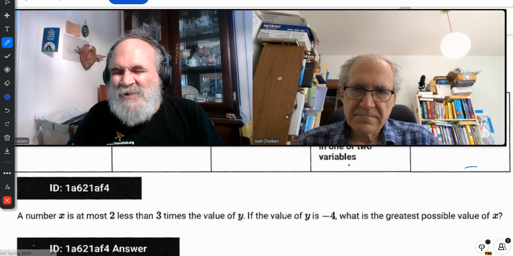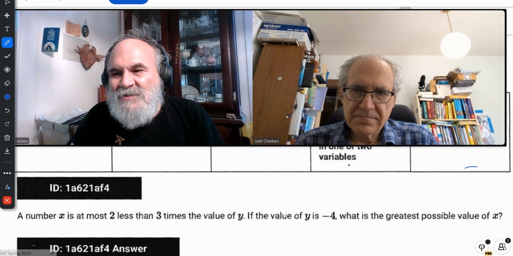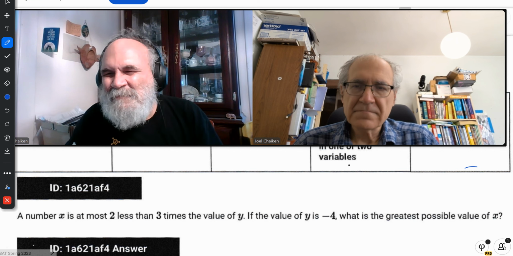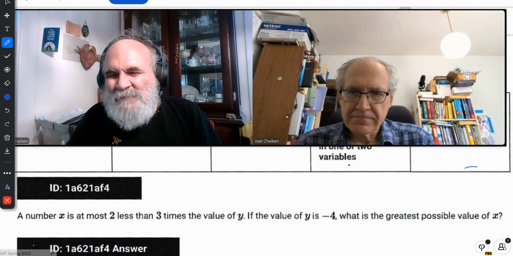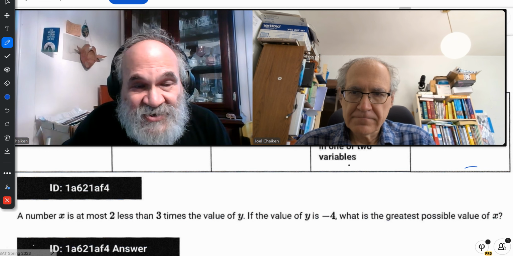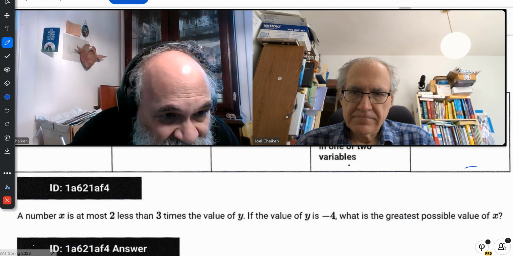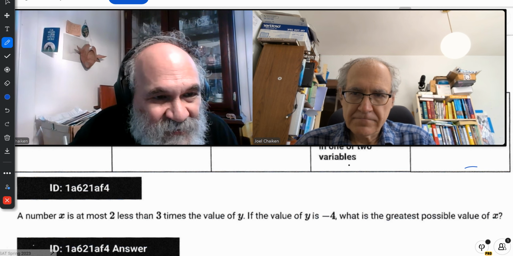Oh, this is a little tricky. What's -12? -12 is a certain negative number. To be less than it, you need to be more negative, and you need to be more negative by 2. So that reasoning expressed in English tells me the answer is -14.